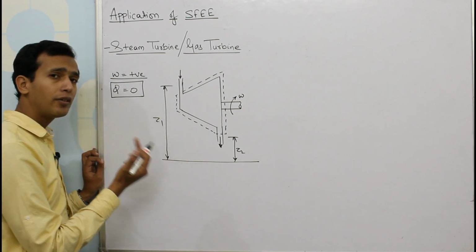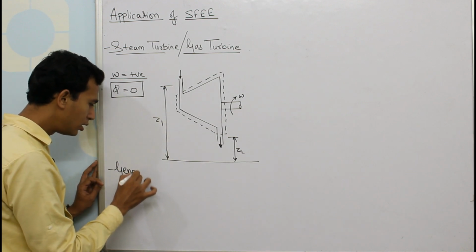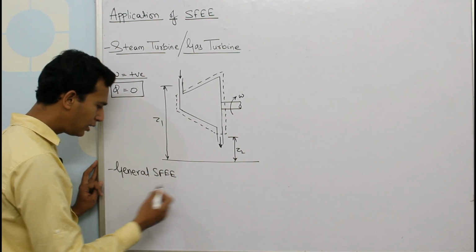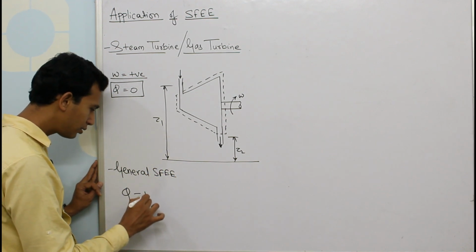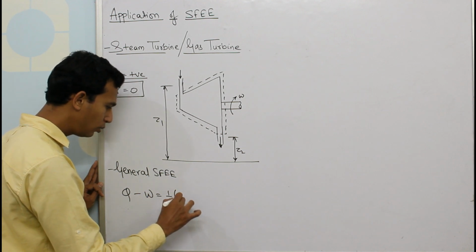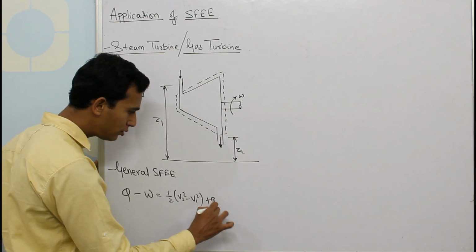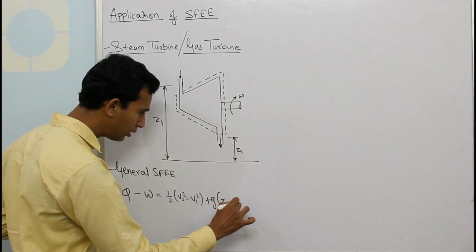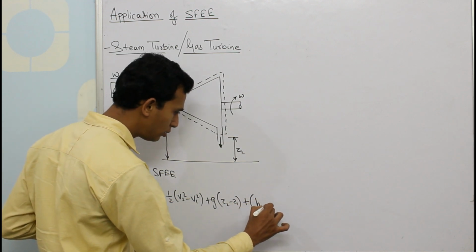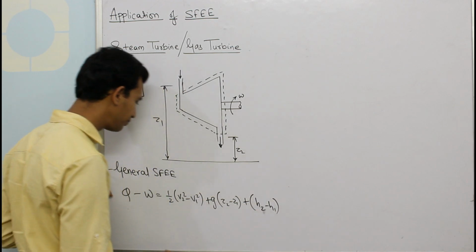Let us now try to understand the general form. We have already derived the general form. The general steady flow energy equation is given by Q minus W is equal to half into (V2 square minus V1 square) plus g into (Z2 minus Z1) plus (H2 minus H1).